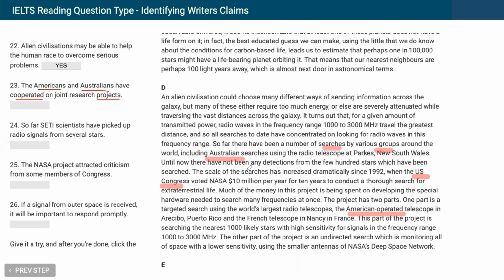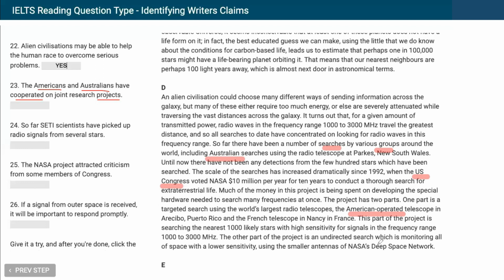Until now, there have not been any detections from the few hundred stars. The scale of the searches has increased dramatically when the US Congress voted NASA. This is also just interesting information, but it's not that useful because I'm looking to see if they have cooperated on joint research projects. So I'm going to continue.